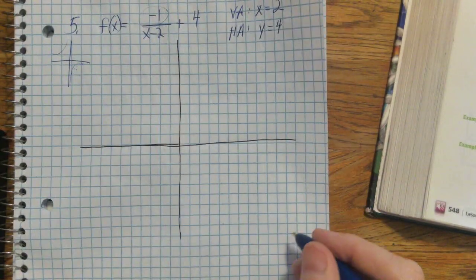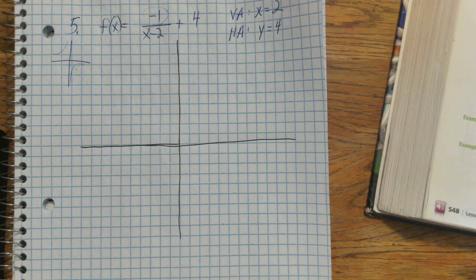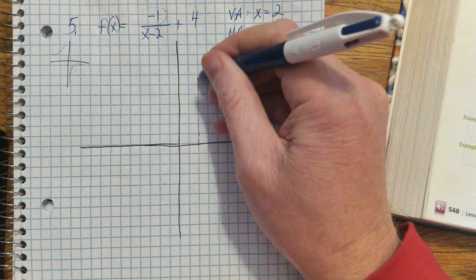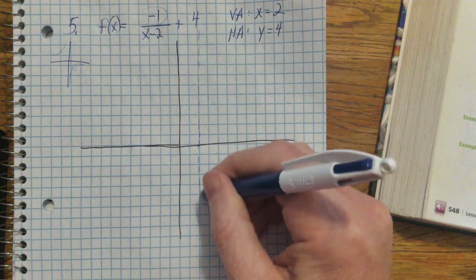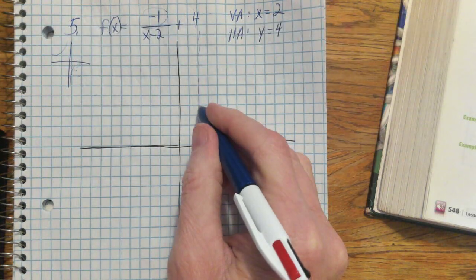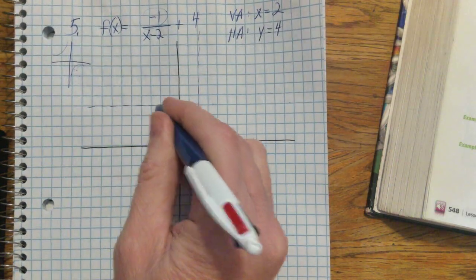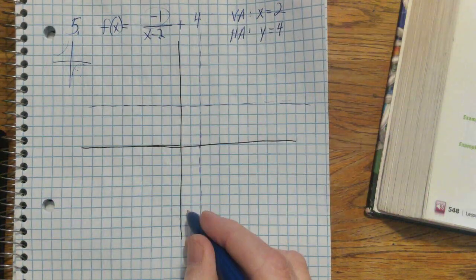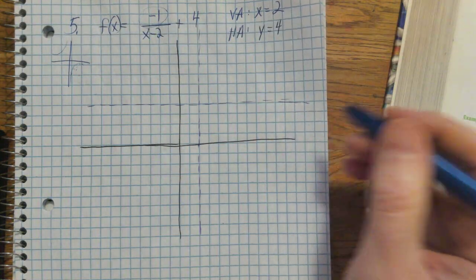A vertical asymptote at x equals 2. A horizontal asymptote at y equals 4. I really think our curves are going to do this and this.